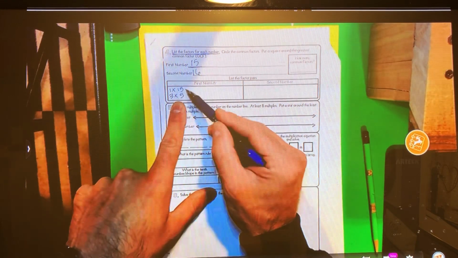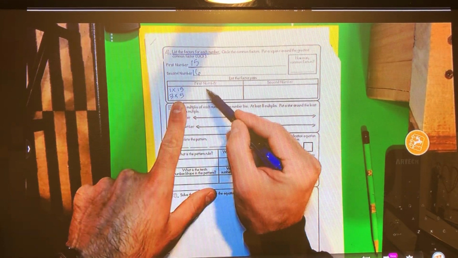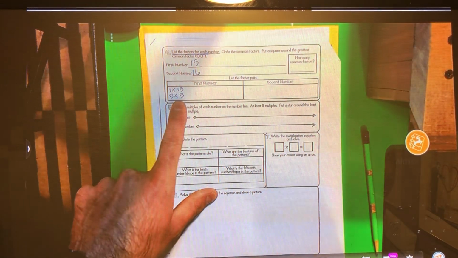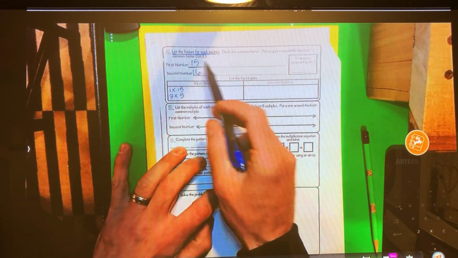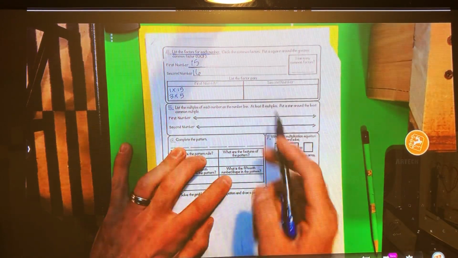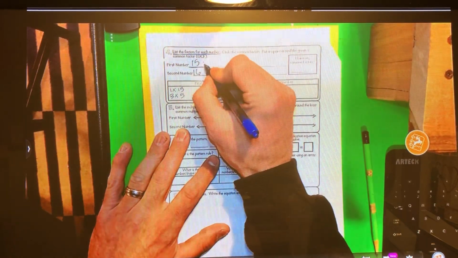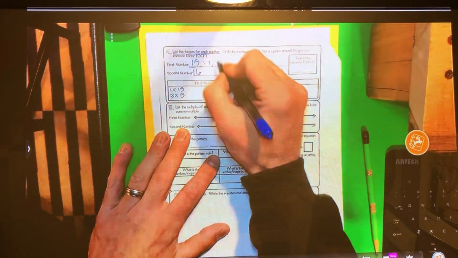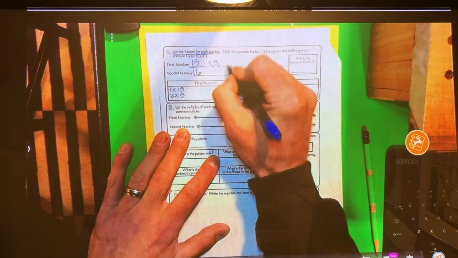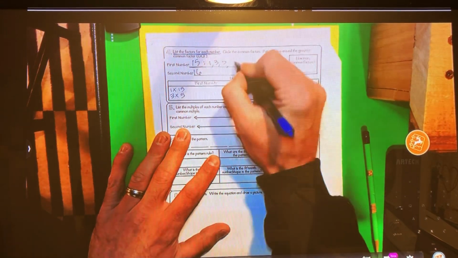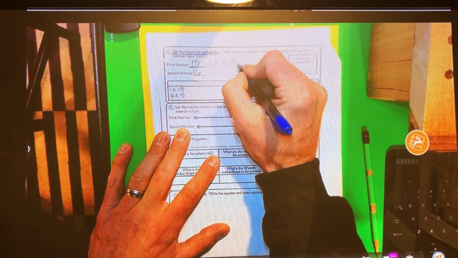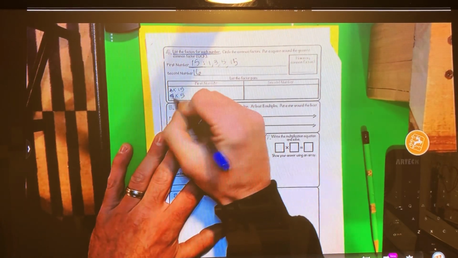So you do not need to list 15 times 1, and you do not need to list 5 times 3, as they contain the same factors, and we don't need to repeat the factors when we are listing them up here for the first and second number. So now we're ready to list the factors for 15. We have 1, we have 3, we have 5, and we have 15. Okay, just cross those off, just sort of letting us know we took care of those.